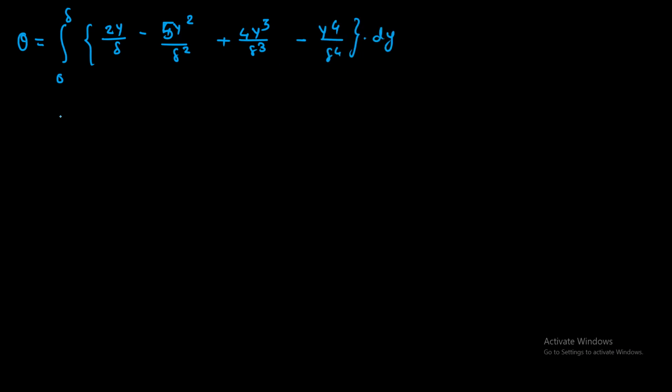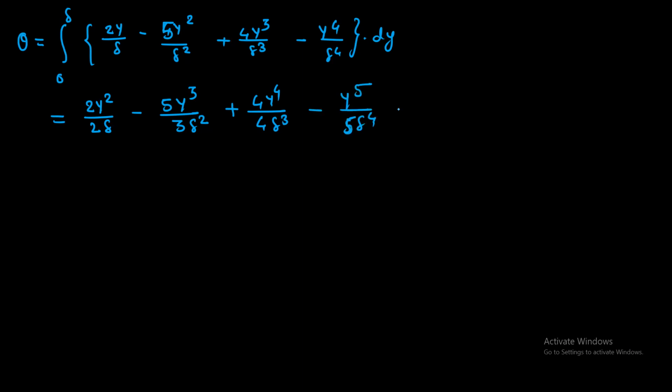Now integrate this equation. So this is 2y square upon 2 delta minus 5y cube upon 3 delta square plus 4y raised to 4th upon 4 delta cube minus y raised to 5 upon 5 delta raised to 4. And the limit for integration is 0 to delta.